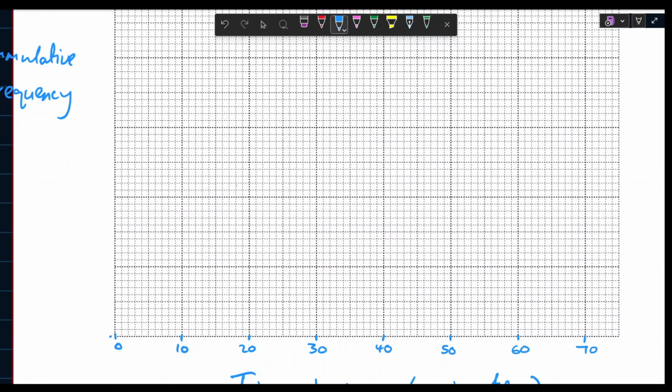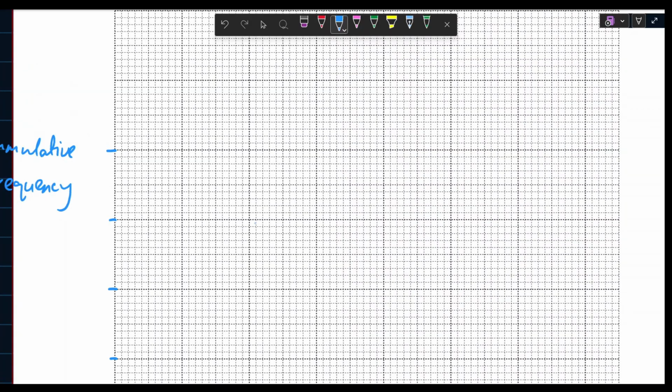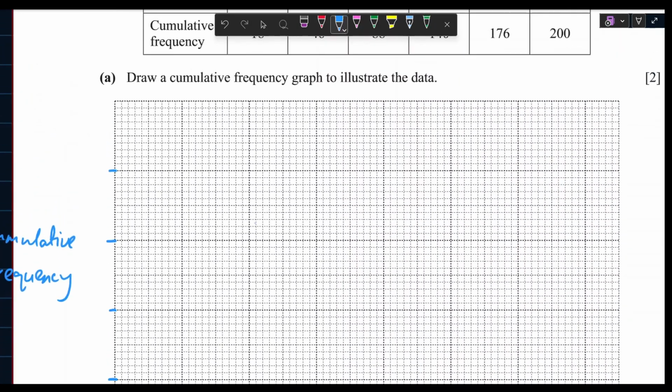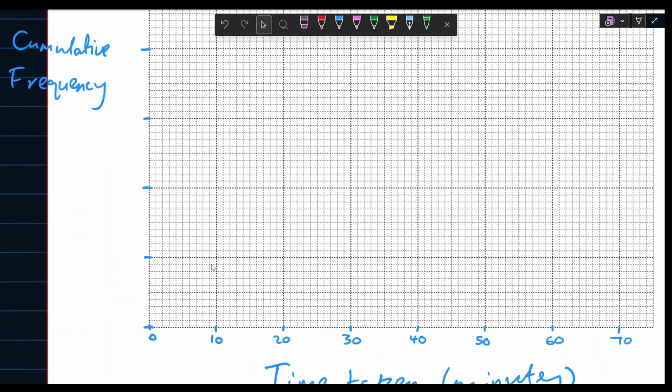We start here, and then we've got 1, 2, 3, 4, 5, and we've got 6. So what is 200 divided by 5? I think the best scale is to move in either 50s or 40s. Let's move in 40s.